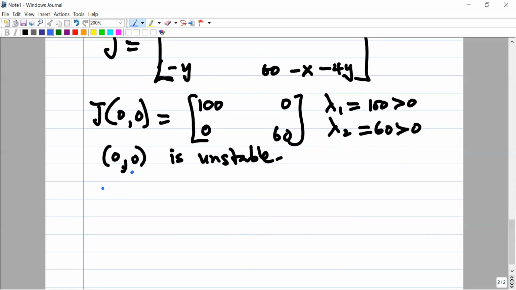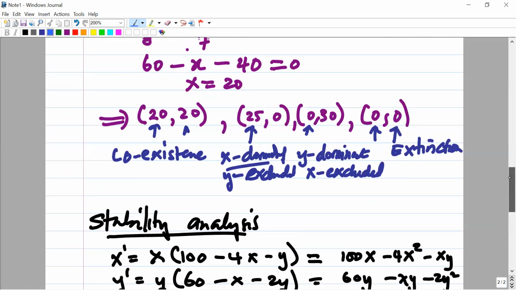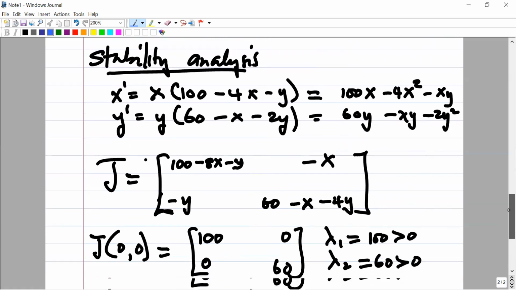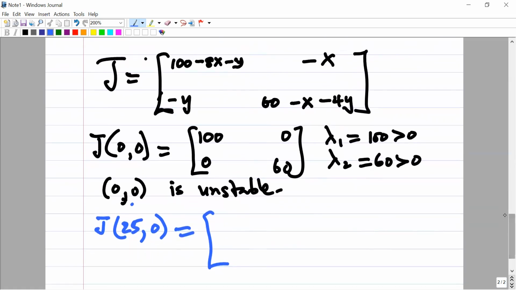Then let me go to the next one. Let's deal with 25, 0. The Jacobian evaluated at 25, 0: x is 25, 8 times 25 is 200, so 100 minus 200 minus 0 is minus 100.